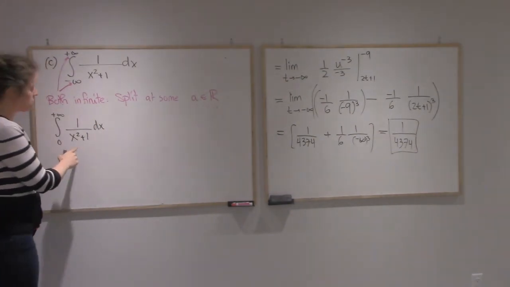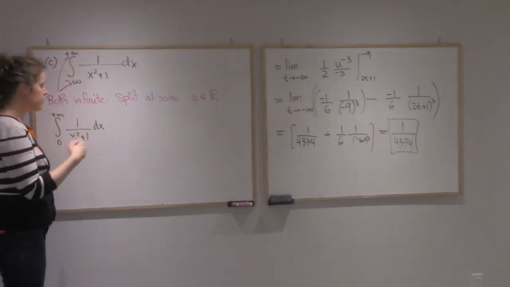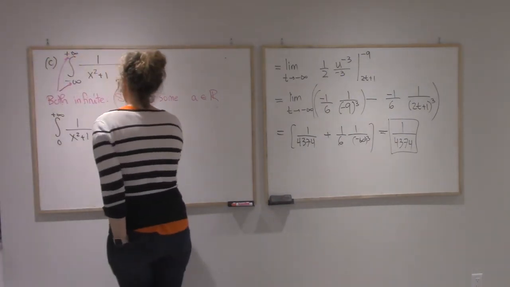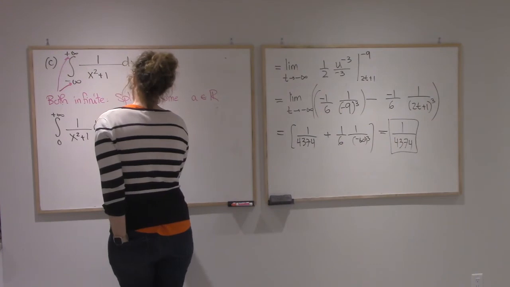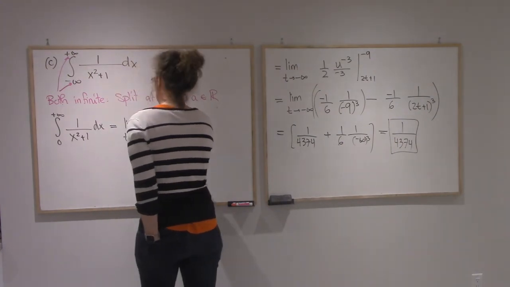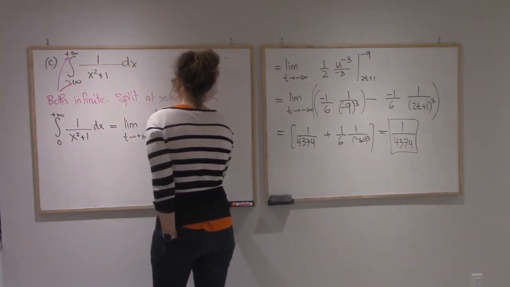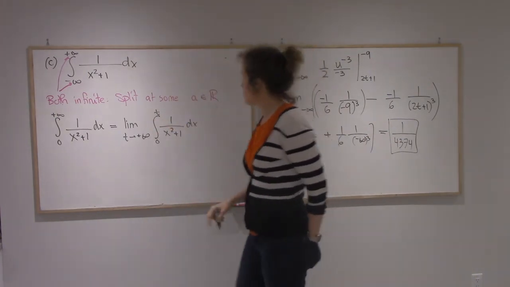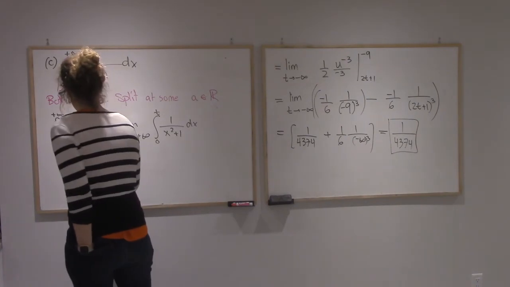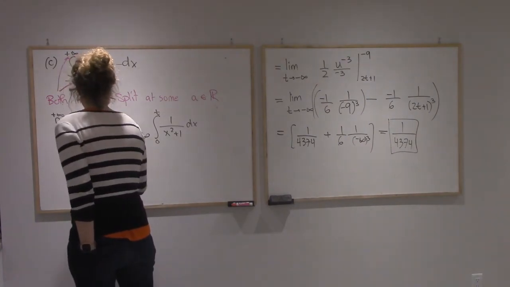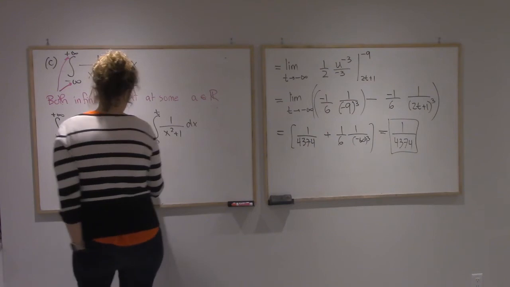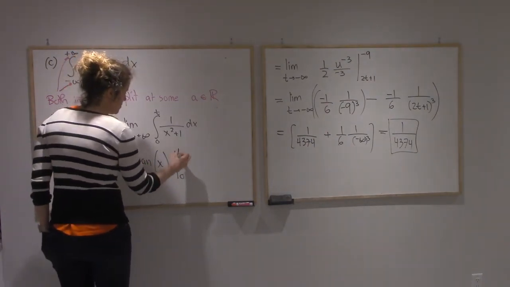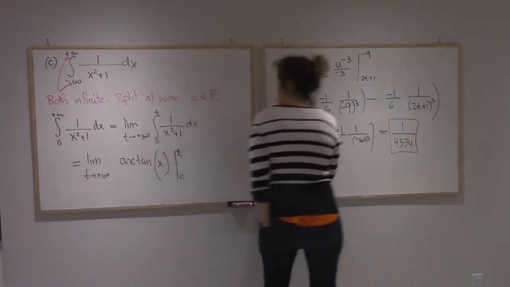Now it's tempting just to write that this is arctan and plug in infinity, but of course FTC only works on finite intervals, so I'm going to have to first replace infinity by t and add a limit in front. So now I'm going to get the limit as t goes to positive infinity. Now I can use FTC and say that this is arctan of x from 0 to t.